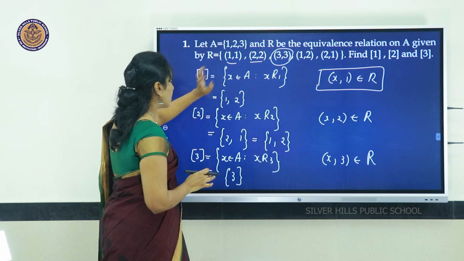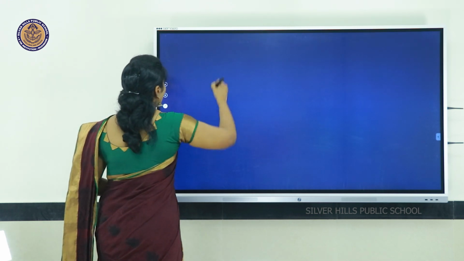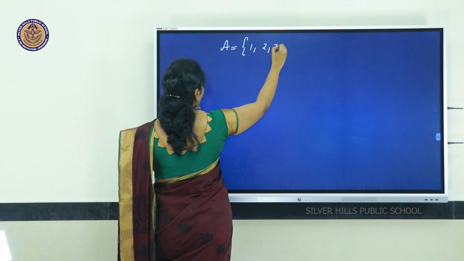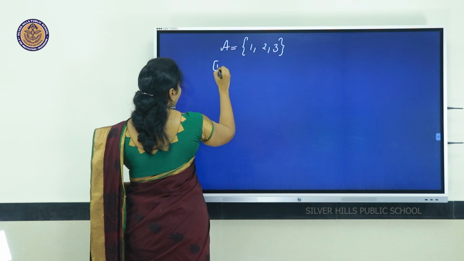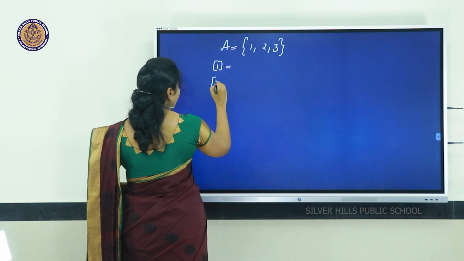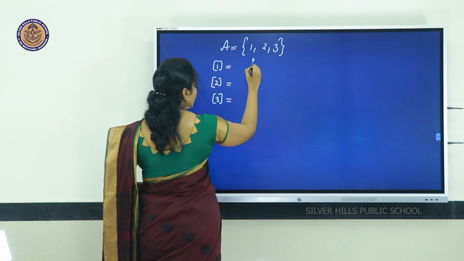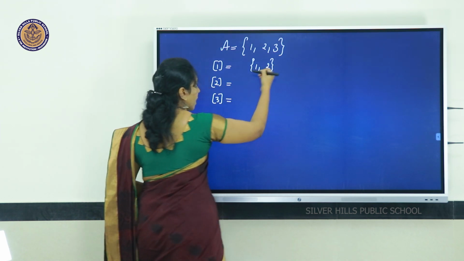Our set was {1, 2, 3}. So, I will just rewrite it. My original set was {1, 2, 3}, and then I got the answer for equivalence class 1, equivalence class 2, equivalence class 3. What was equivalence class 1? I got the answer as {1, 2}.